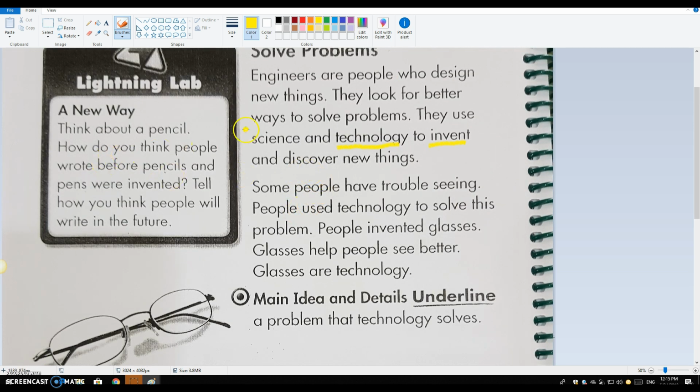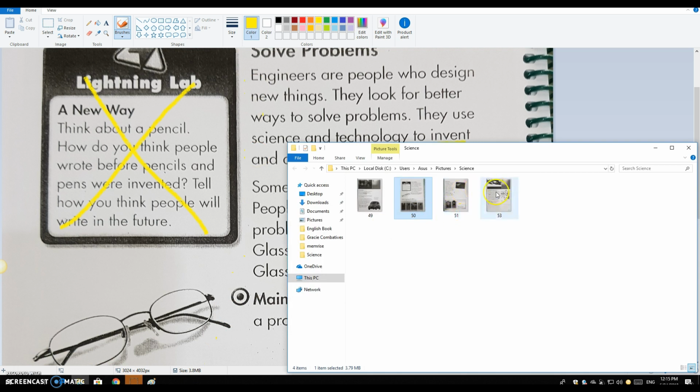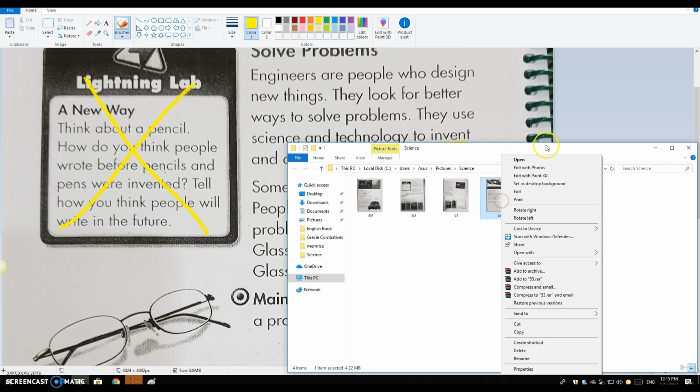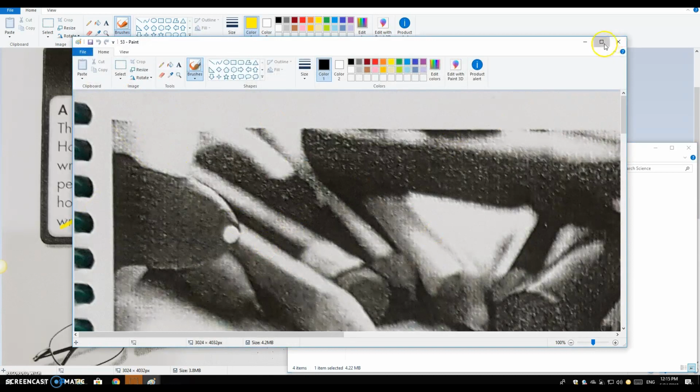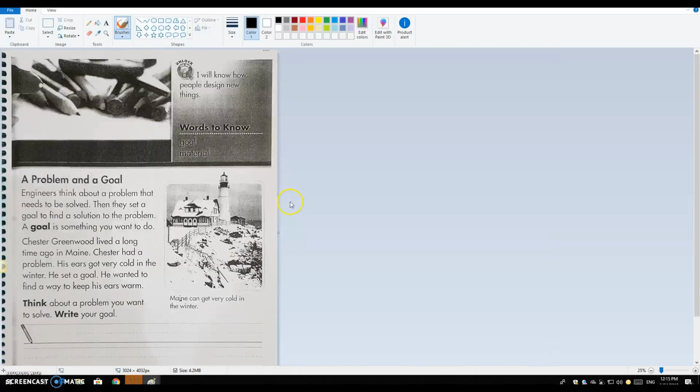Okay? And we will not do this right now. Alright, on to the next page. We're going to skip 51 and 52 and go straight to 53. Open it in Paint. Zoom out.